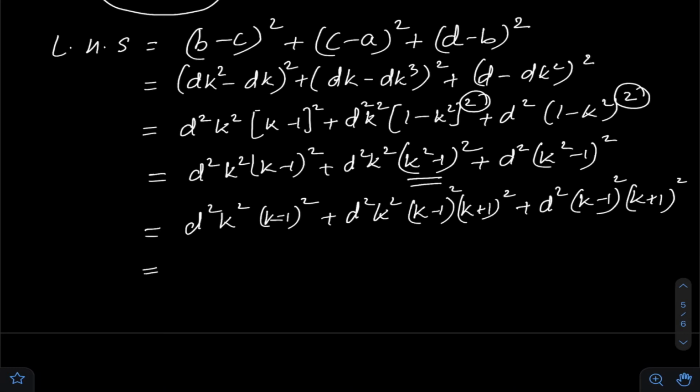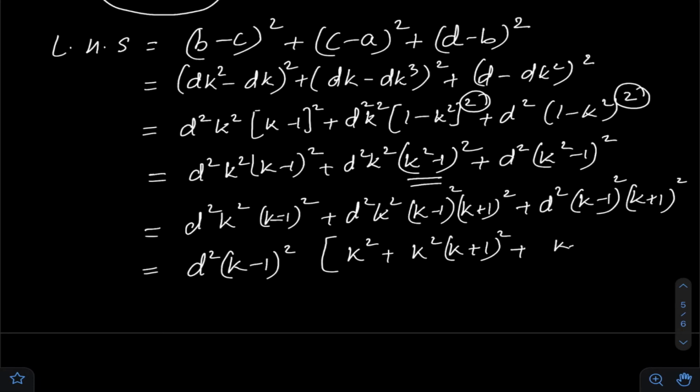And if you see what are the terms coming common, d square is coming common and (k minus 1) whole square is coming common. What is left inside? k square plus k square (k plus 1) whole square, and then plus (k plus 1) whole square.